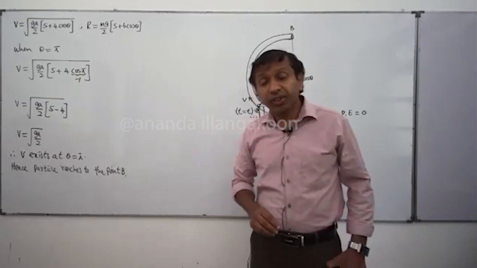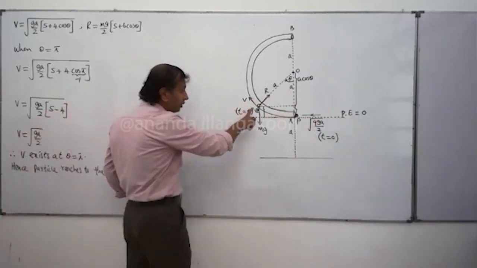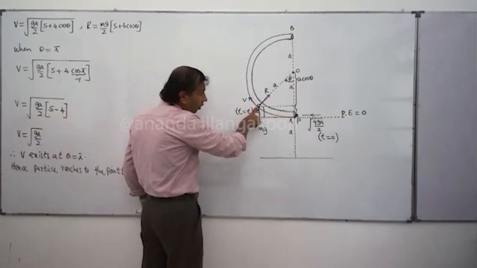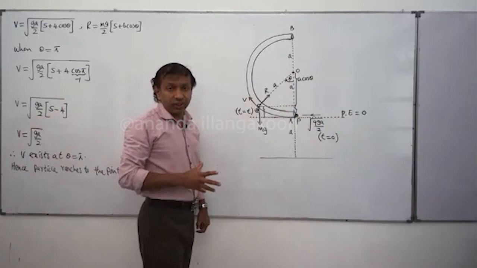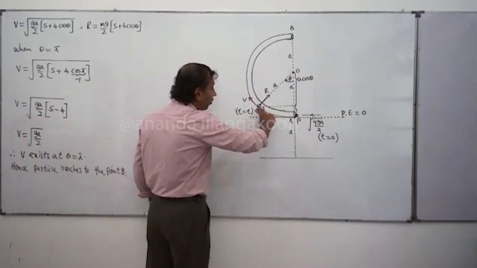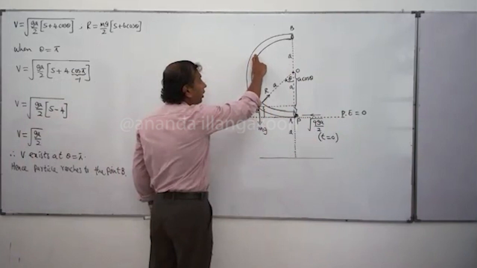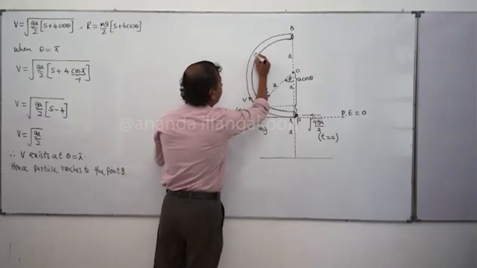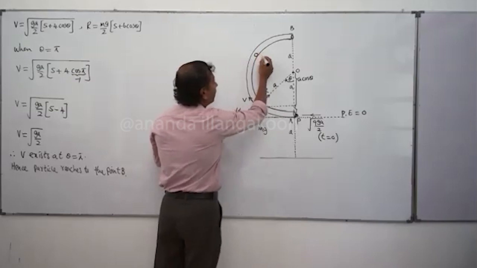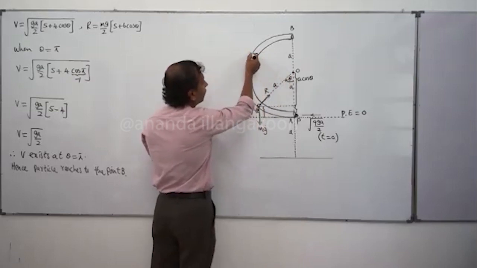People, in this case, the direction of the reaction changing means, now somewhere here, when we consider this one, the reaction is towards the center, inward. Now, on one occasion, people, once the velocity of the particle decreases, the particle makes contact with this inner surface. Somewhere here, the particle might contact this surface. On that occasion, the reaction acting on this particle is away from the center, like this.